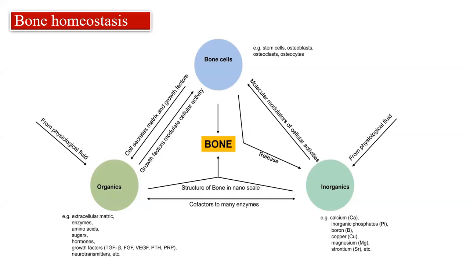And these bone cells, along with the organic and inorganic components and the extracellular matrix of the bone, maintain the bone homeostasis. If anybody is interested to know further, just put up this diagram. Please make a note of this slide.